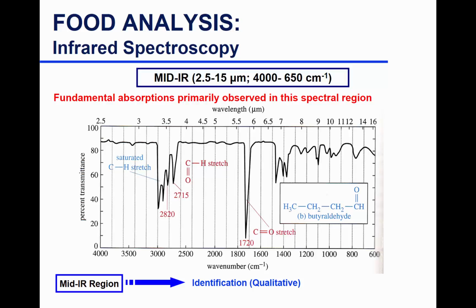Okay, so here what you see is IR in the mid-IR region. The mid-IR region produces nice sharp peaks. This is a spectrum. Here you have wave number, and here you have percent transmittance. You can also have another axis in relation to wavelength, but often you don't see wavelength in micrometers, you just see wave number.